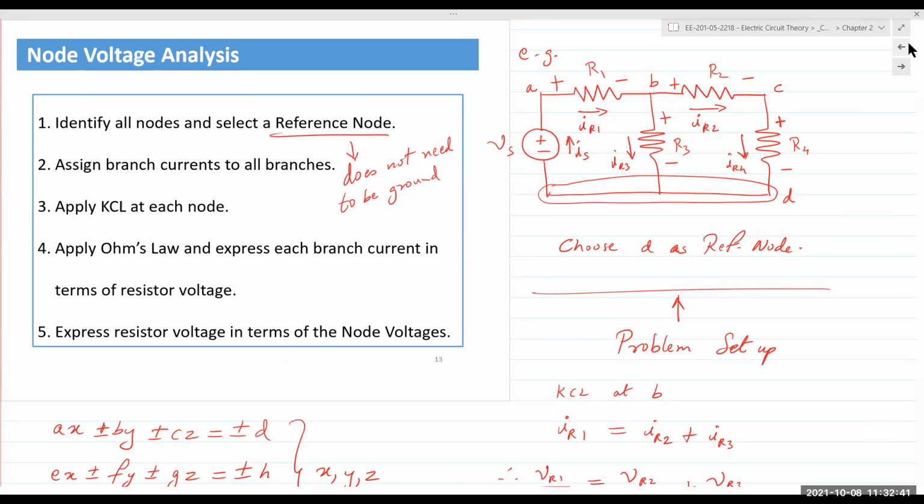VA is equal to VS. You found VB, so you can find VR1, or find VR2, VR3, VR4. Once you have those, you can find the branch currents. IR1 is VR1 over R1. And that's how we solve for the resistor voltages and the resistor currents.